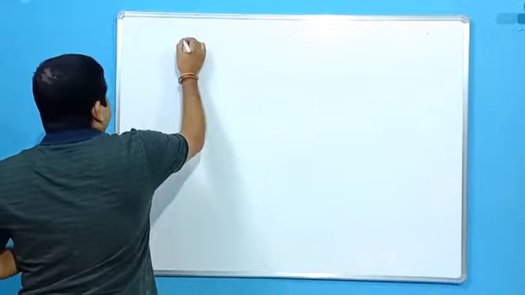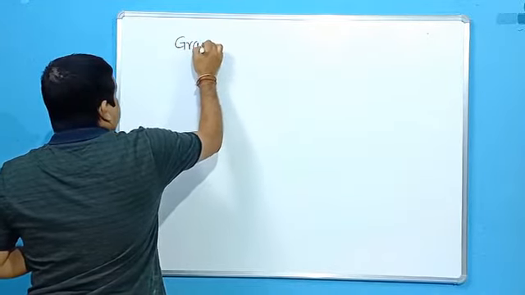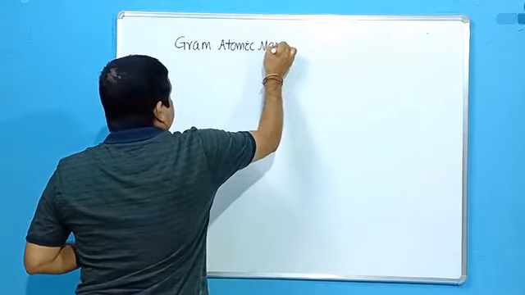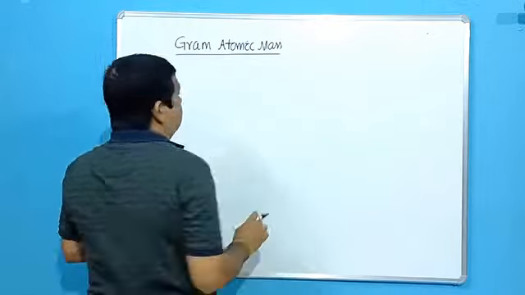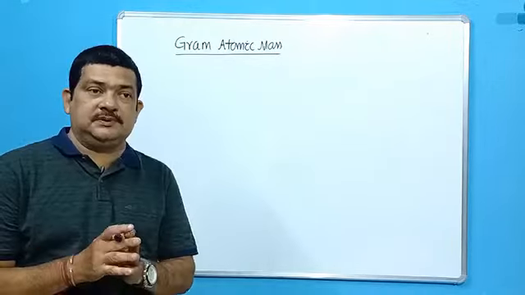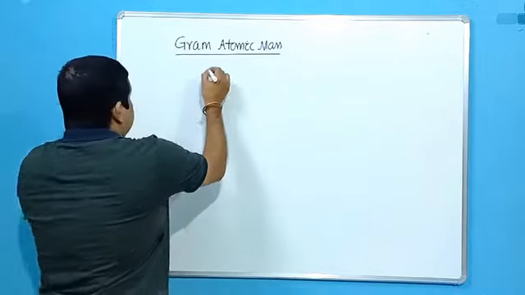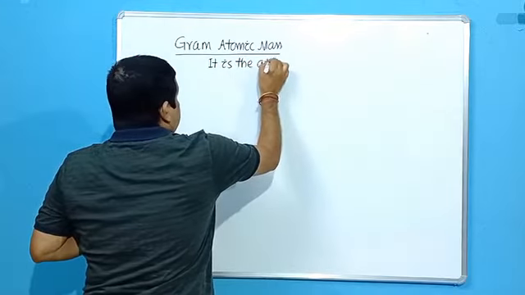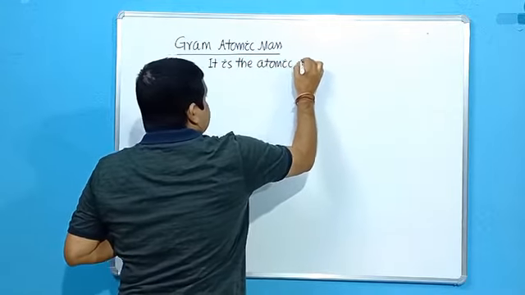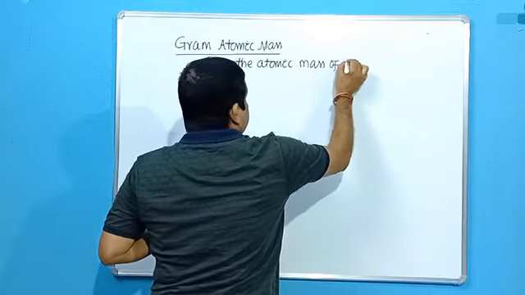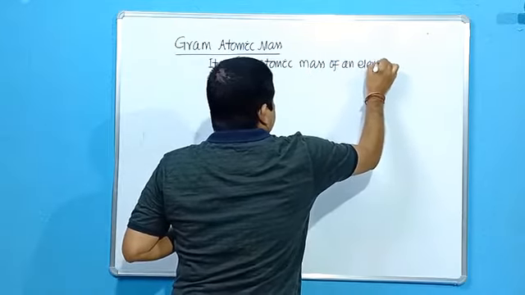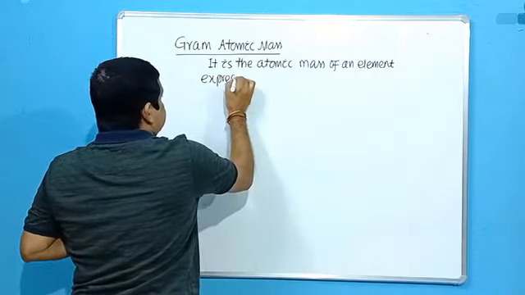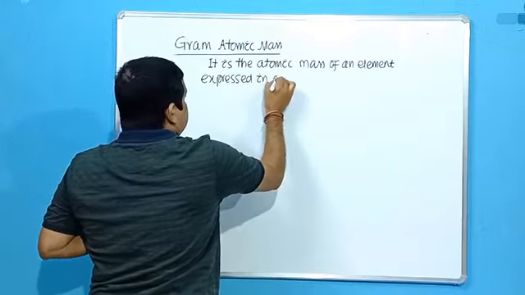Next we will discuss what is gram atomic mass. Simply, it is the atomic mass of an element expressed in grams.